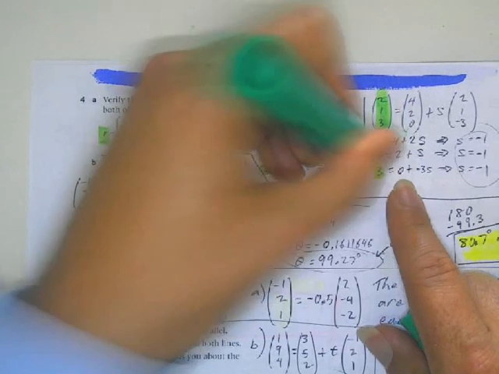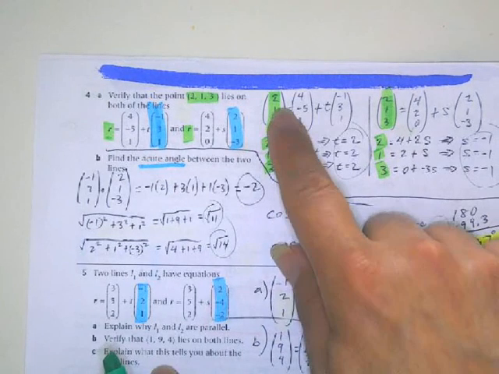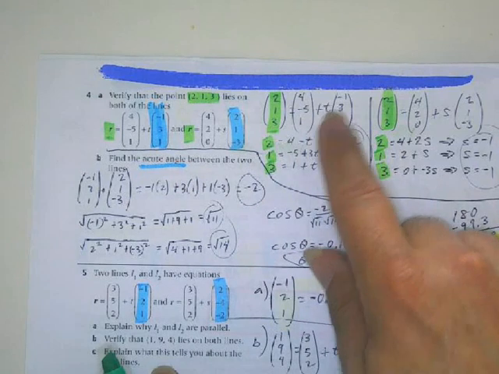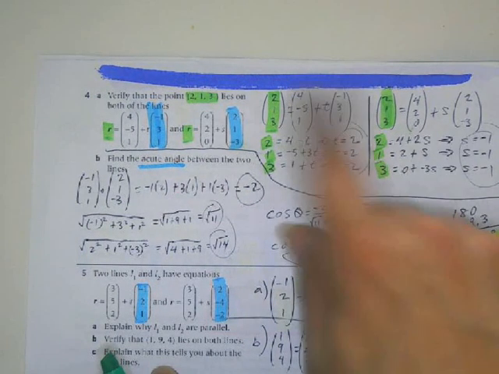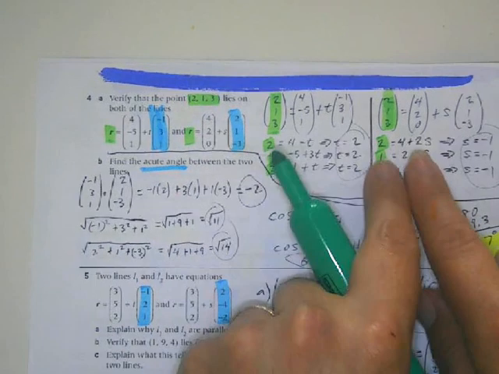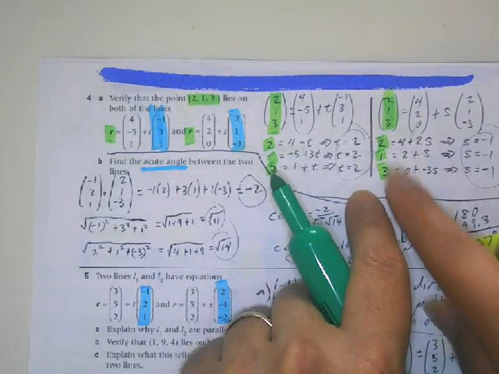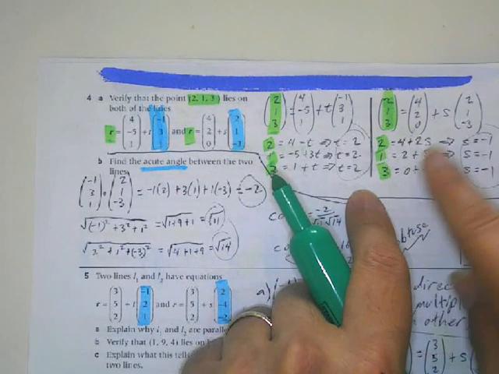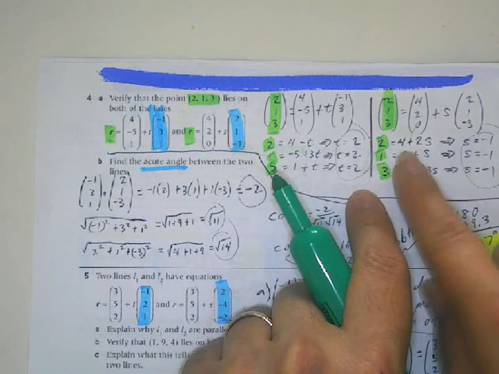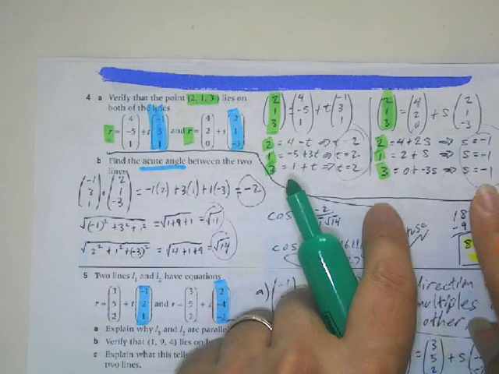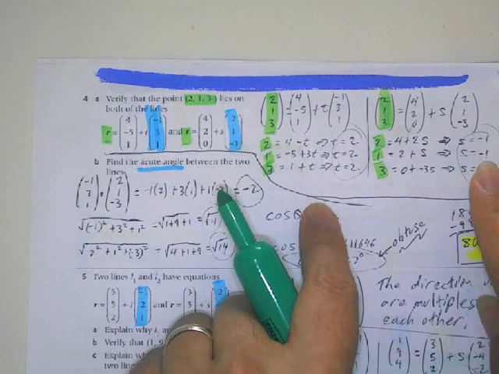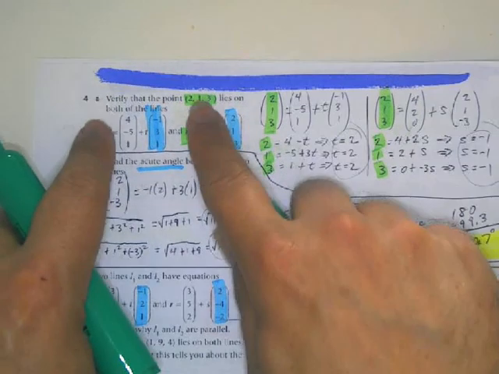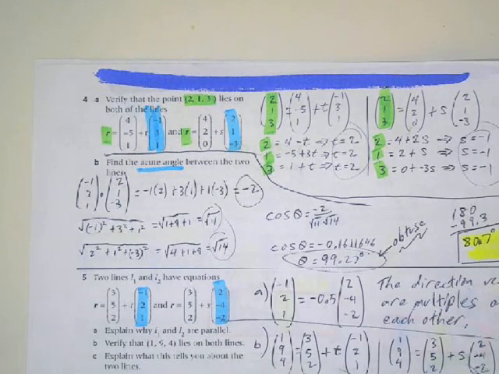And then I did 2 equals 4 plus negative t, and I ended up with the same value of t for this equation. Over here, I plugged in the 2, 1, 3 and put it in parametric form, and I get the same value for s for this equation. So because these are the same value and these are the same value, I've verified that this point lies on both of these two lines.